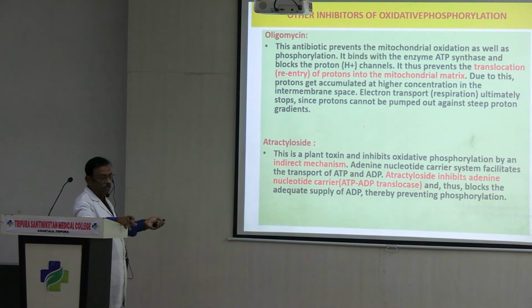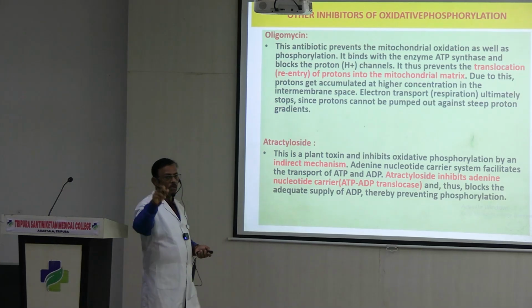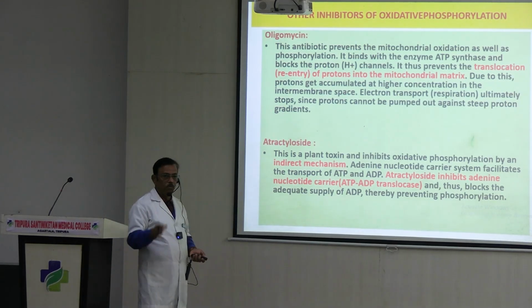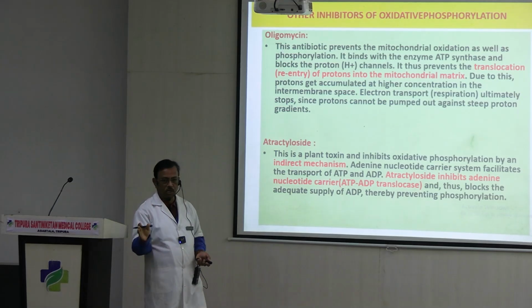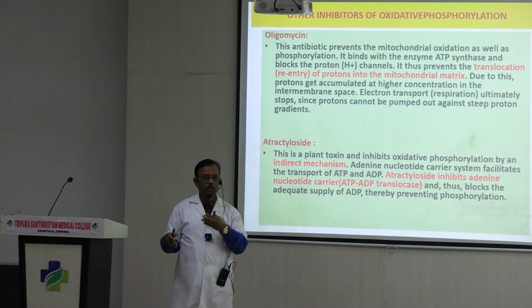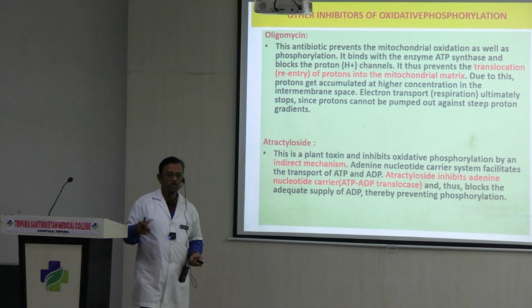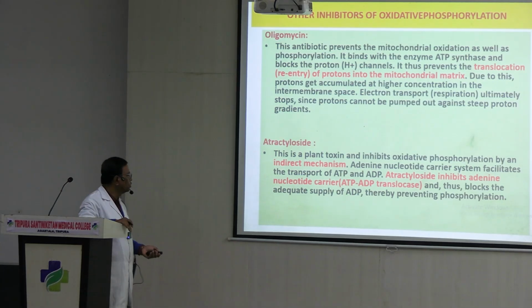Atractyloside, this time it was given in the exam. We have seen the ADP-ATP translocase. Atractyloside blocks ADP-ATP translocation, so ADP cannot go in and ATP cannot come out. Again the substrate is not available, so ATP cannot be produced.